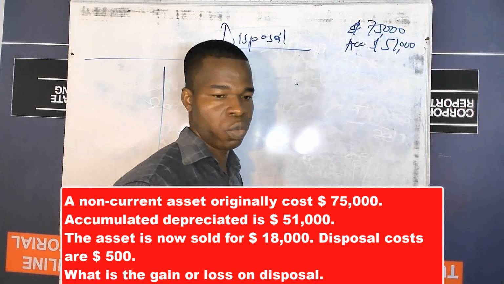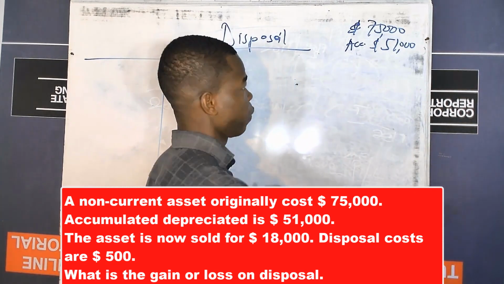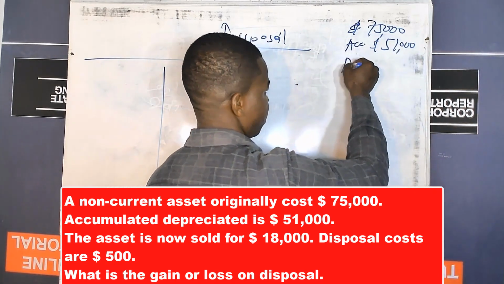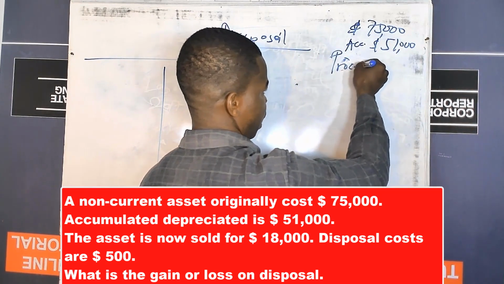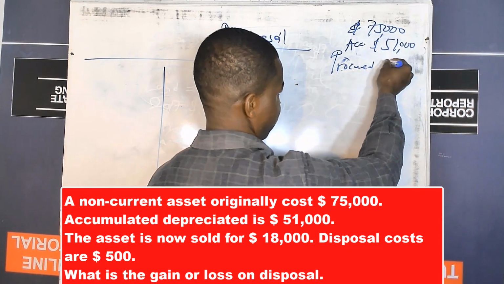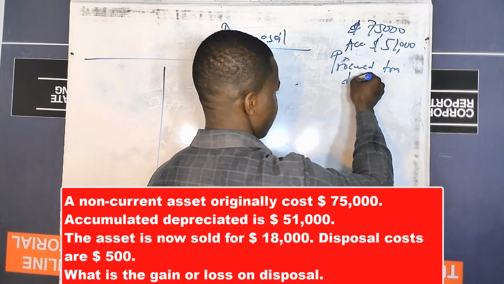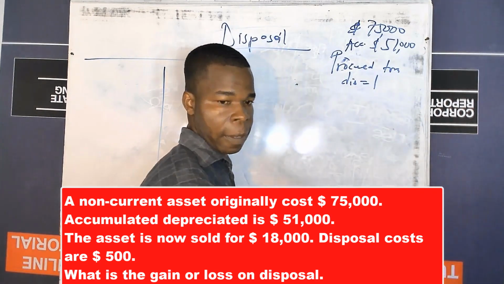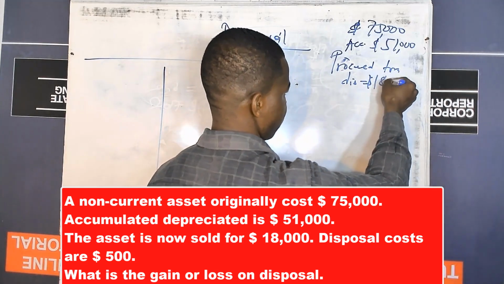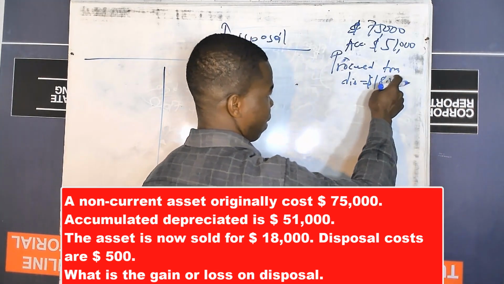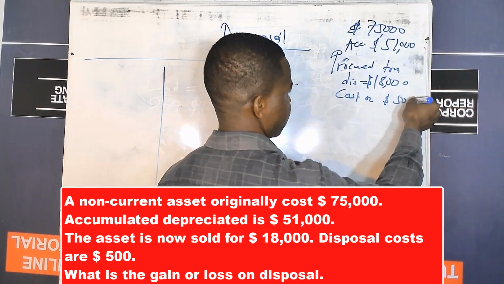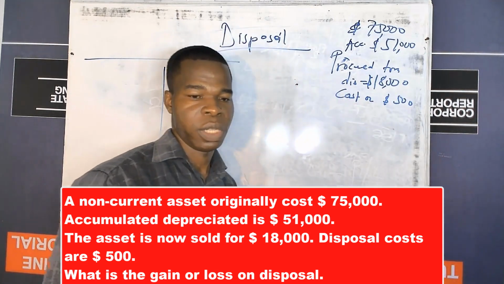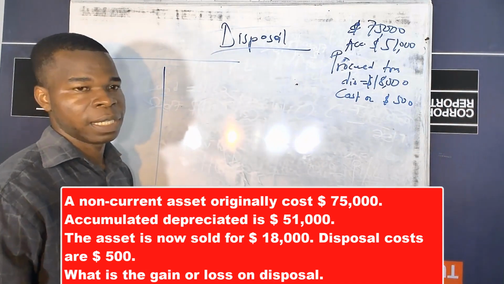And then we were told the asset was sold off. So that will be the proceeds from disposal, which is $18,000 on the screen. And before they made this sale, they incurred a cost on disposal of $500.